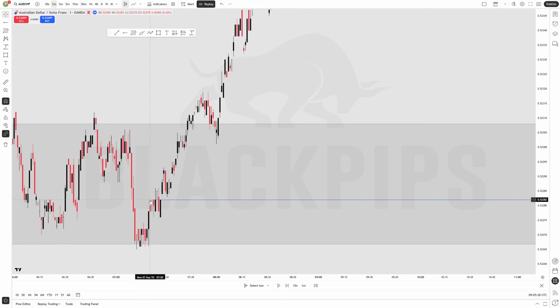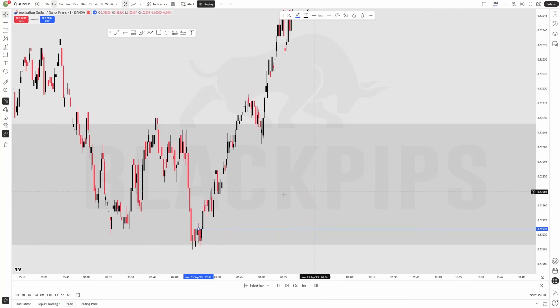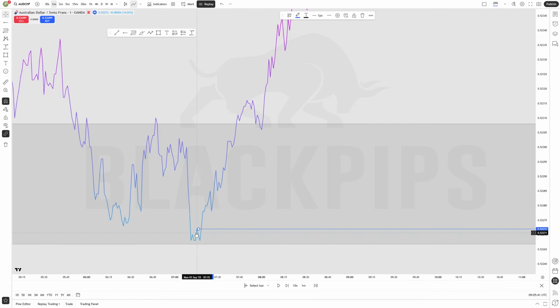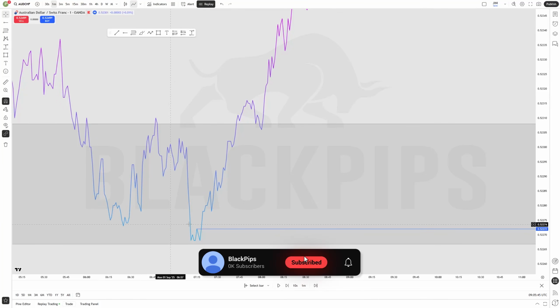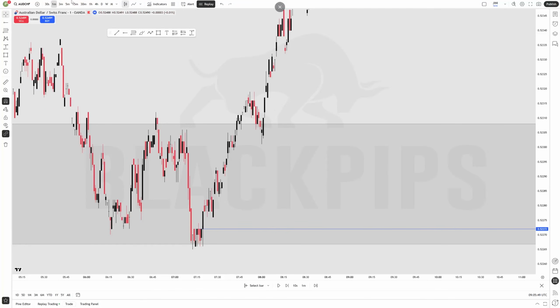This was already taken, this one. So we took this one as our main area, because this is the only remaining liquidity, as you can see. And if we put the line chart, you can see this was the only liquidity that was remaining here. So we can trust that one.